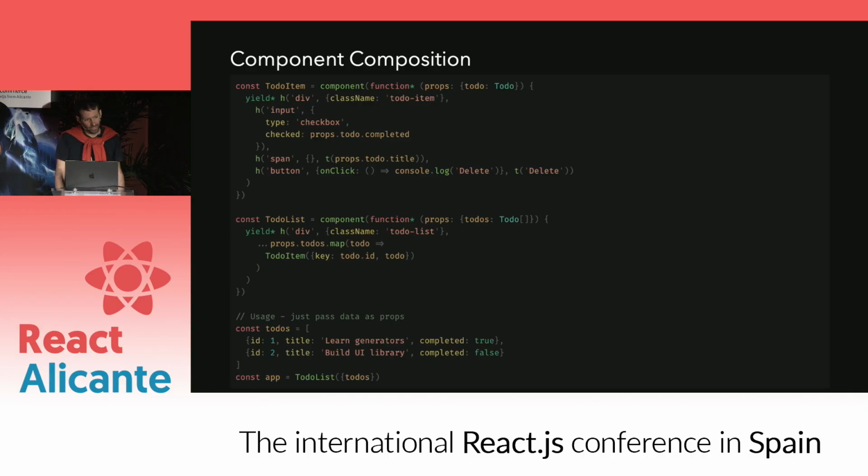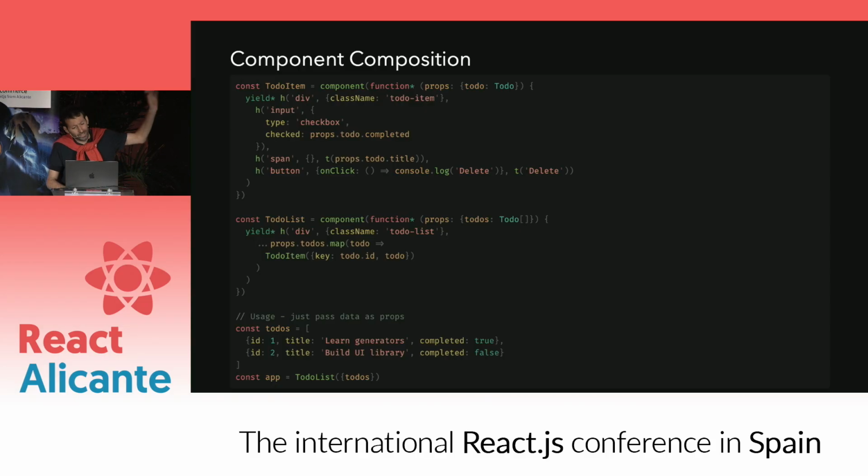Now you can see that invoking other components is just calling the function, and that's really it. So we have, for example, a to-do item component and a to-do list, and in order to create a to-do item, we just call the function, we spread it, and that's really it.